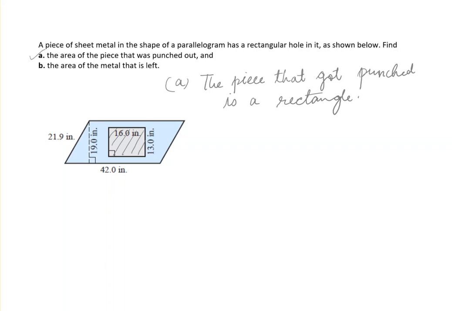We have this rectangle, 13 inches by 16 inches. So the area would be 16 times 13, and we have 208 square inches. Never forget to include the units in your area.